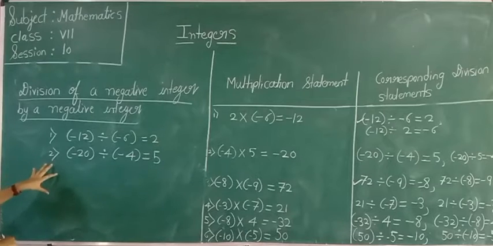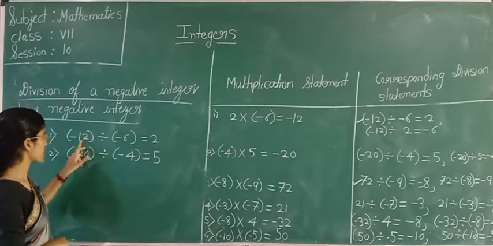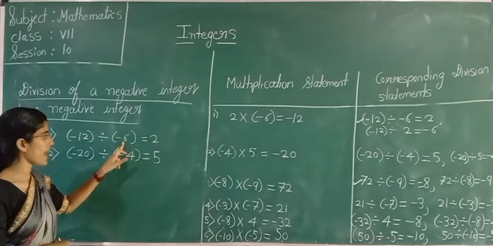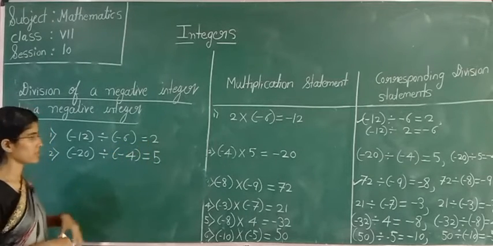So we can conclude that while dividing a negative integer by a negative integer, we divide them as whole numbers and we will keep a positive sign before the quotient.